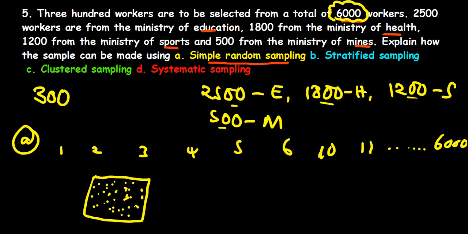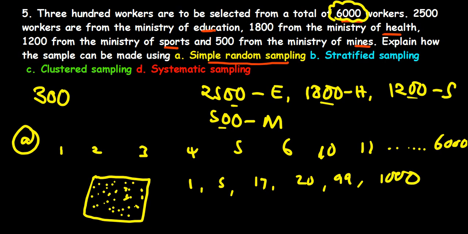After you shake the box, you are going to randomly select 300 workers. You open the box after you shake it, and then you start picking papers randomly. So maybe you pick 1, you pick 5, you pick 17, you pick worker 20, you pick worker 99, you pick worker 1000.